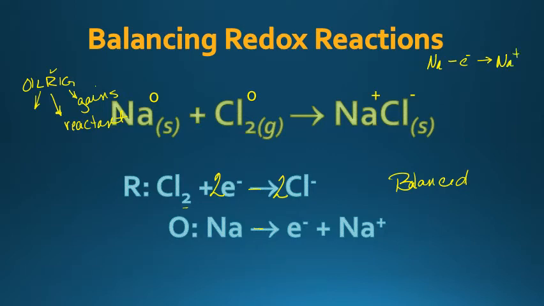And I understand why you want to do that, but we don't use negative signs. So let's move this electron over to the product side. So sodium, add an electron to both sides, gives us an electron plus the sodium ion, which makes sense if you read it this way. The sodium ion gains an electron to become the sodium atom. So on the oxidation half, we write the electron as a product.